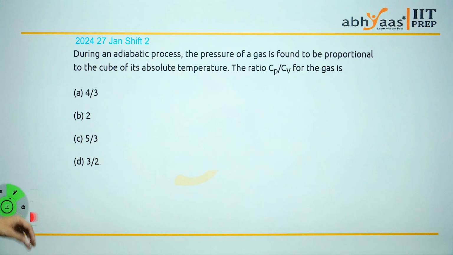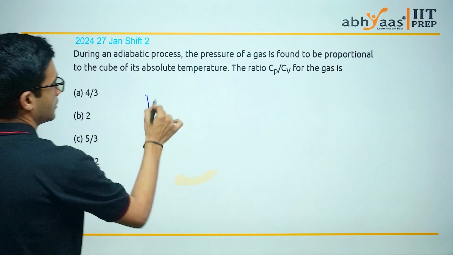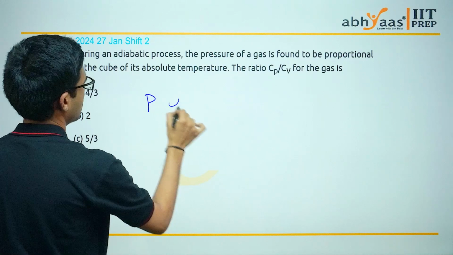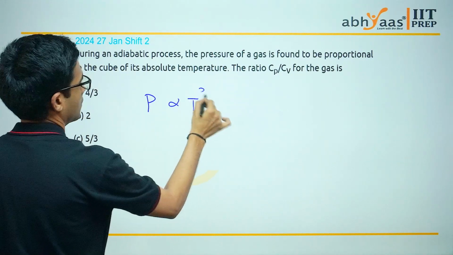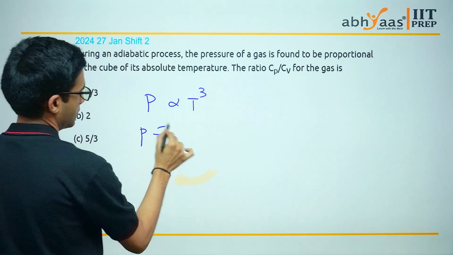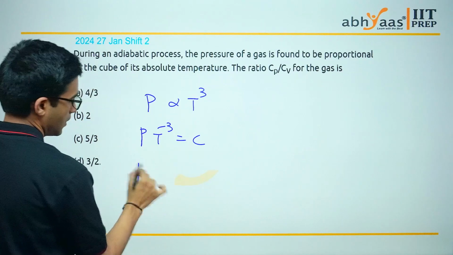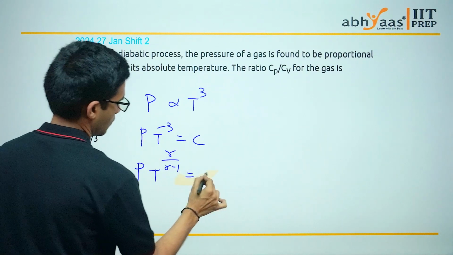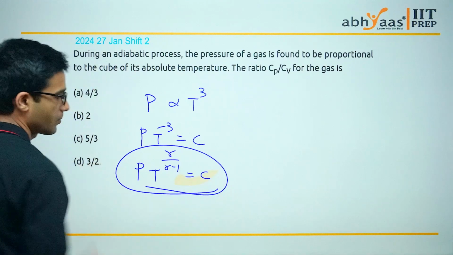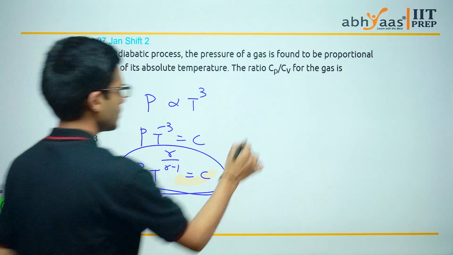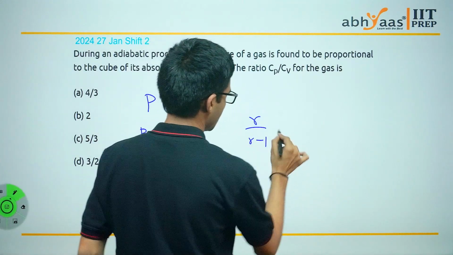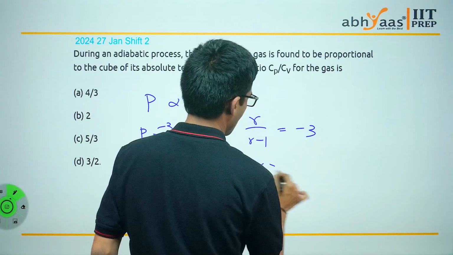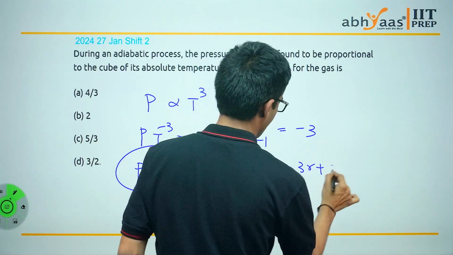Okay, another question, where it is also an adiabatic process. Pressure is found to be proportional to the absolute temperature cubed. Then P T^-3 is equal to constant. If you observe, P T^(gamma/(gamma-1)) equal to constant is the adiabatic process relation. Then gamma/(gamma-1) equal to -3, so gamma equal to -3 gamma + 3.